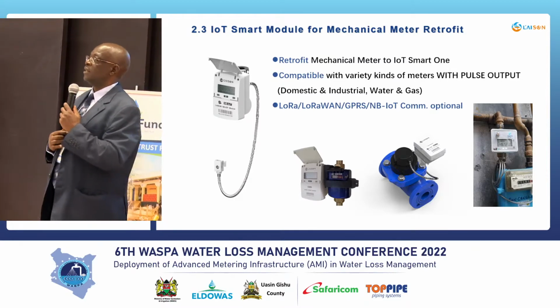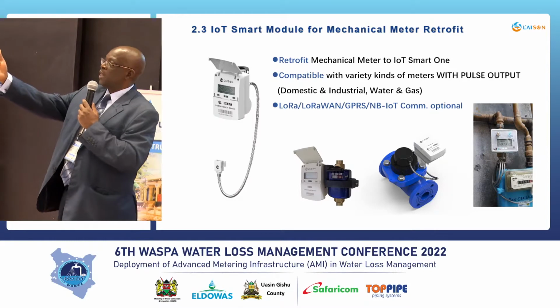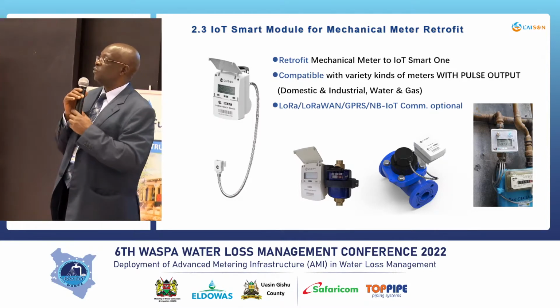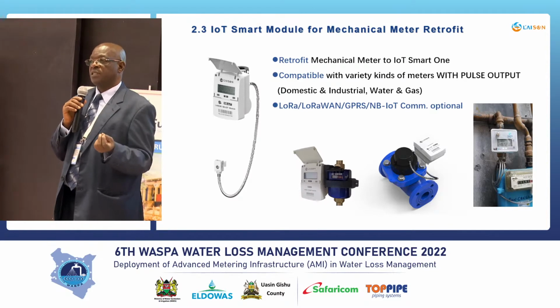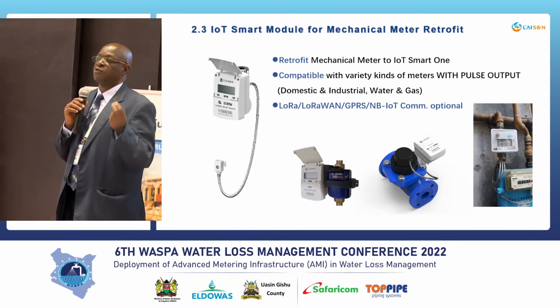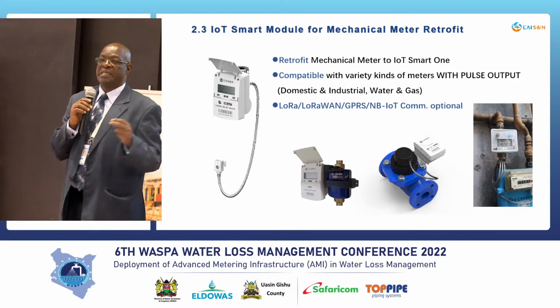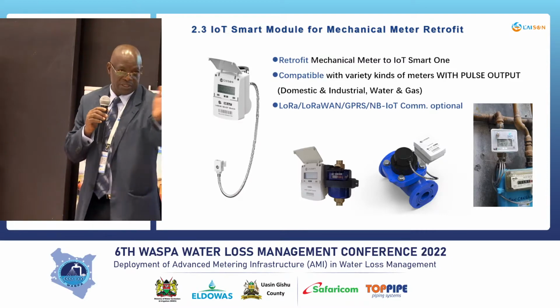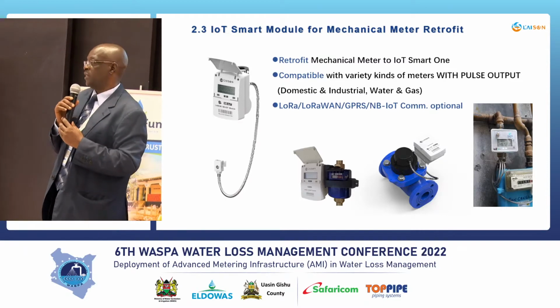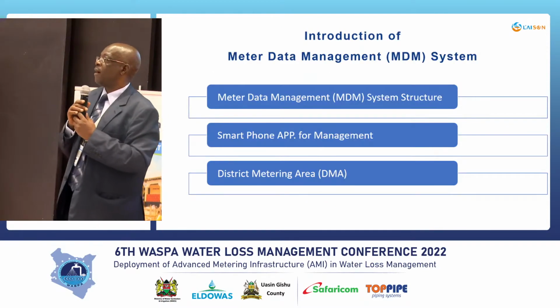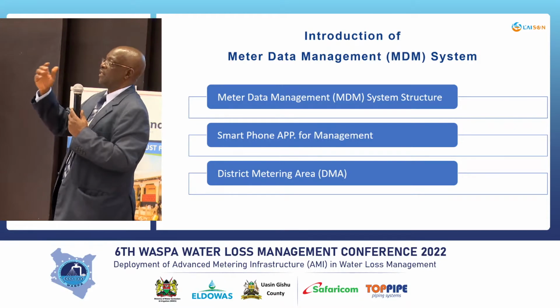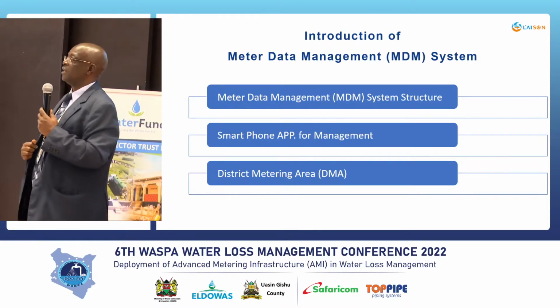Liaison has the capability of using the IoT smart meter module to retrofit mechanical meters, so that a mechanical meter can be retrofitted with a smart meter and liaise with the smart meters that are now in the field.